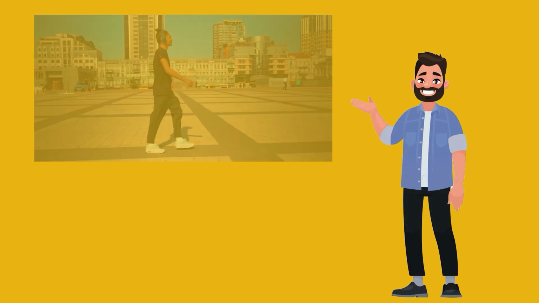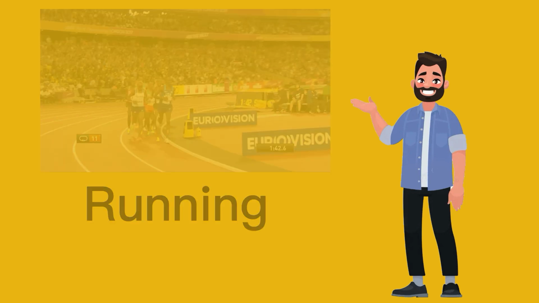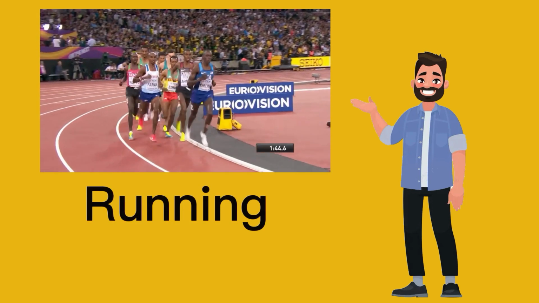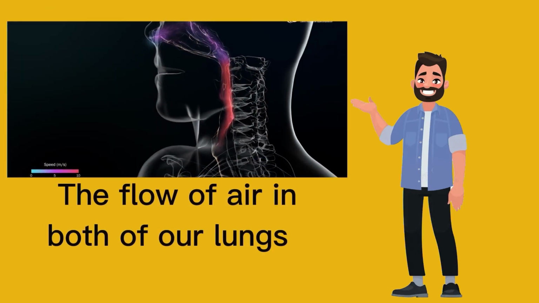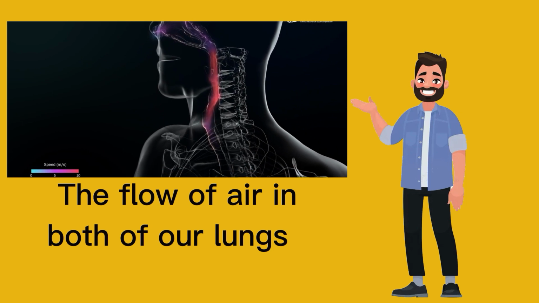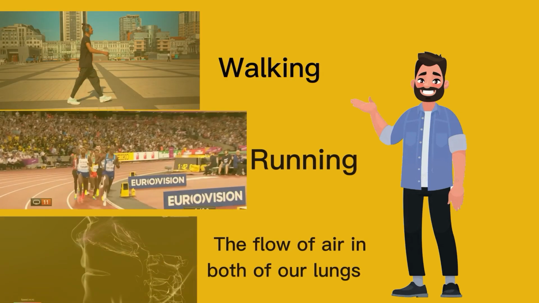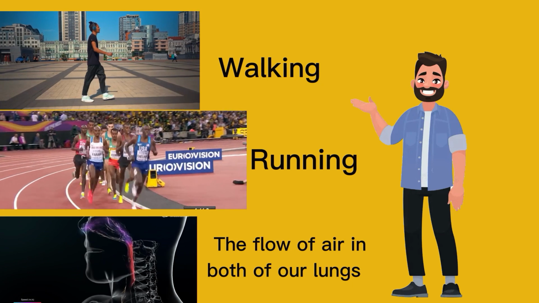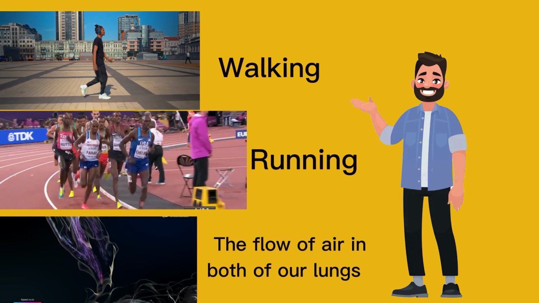The first one is walking. The second one is running. And the third one is the flow of air in and out of our lungs. Students, you can use your own examples to answer the given question. And these are my own examples.